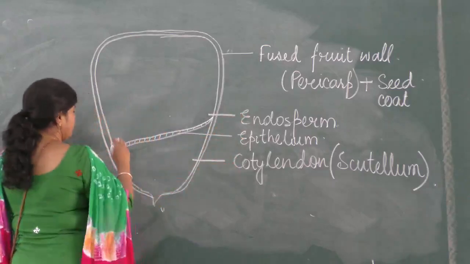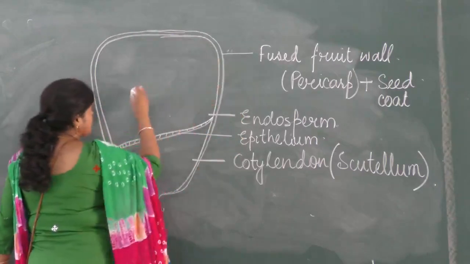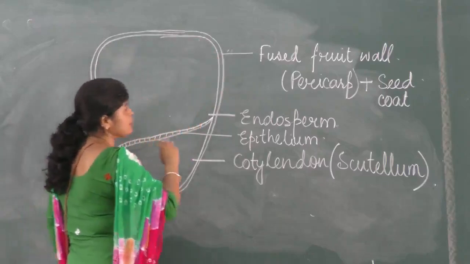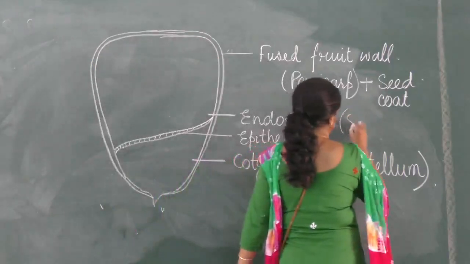Now what part is this? This is the endosperm. Endosperm is rich in starch.